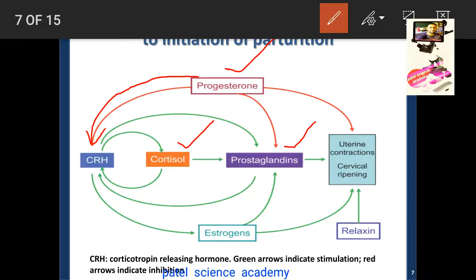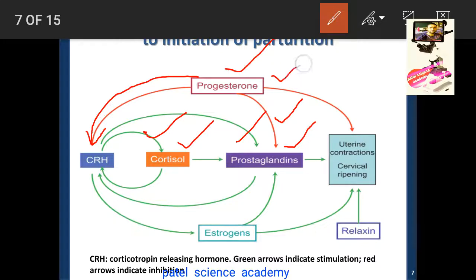There is an increased stimulation to this cortisol and this prostaglandin, and by this situation there is a decrease or inhibition in the prostaglandin level.